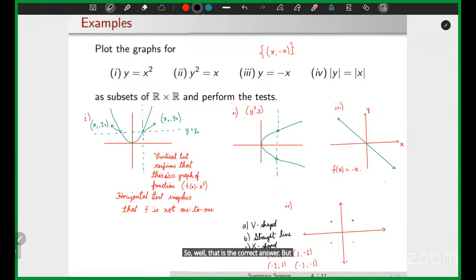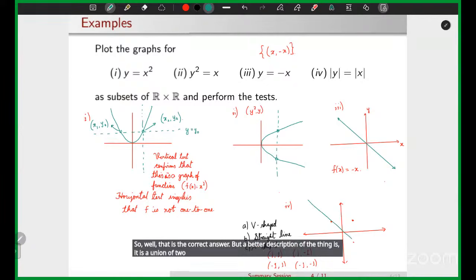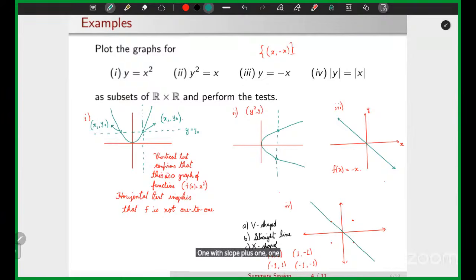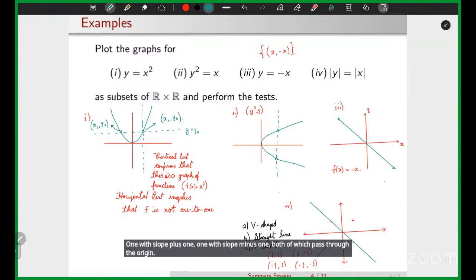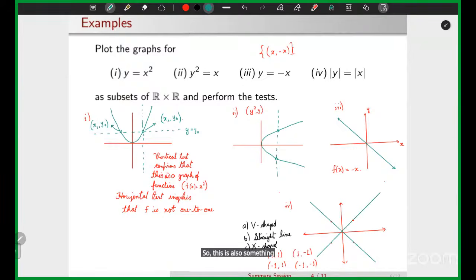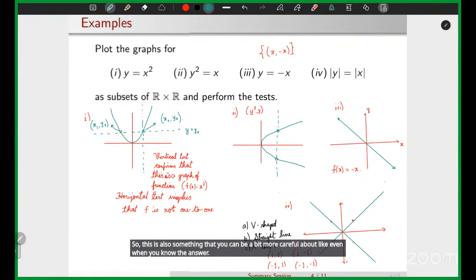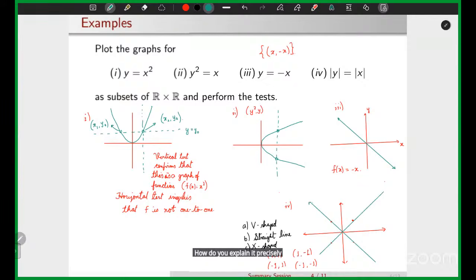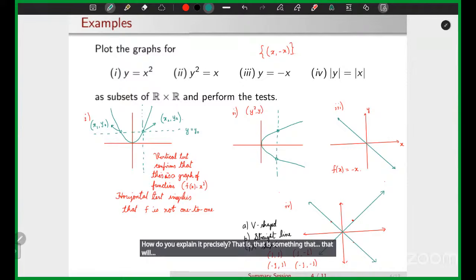But a better description of the thing is that it is a union of two straight lines, one with slope plus 1, one with slope minus 1, both of which pass through the origin. So this is also something that you can be a bit more careful about. Even when you know the answer, how do you explain it precisely? That is something that will be important.